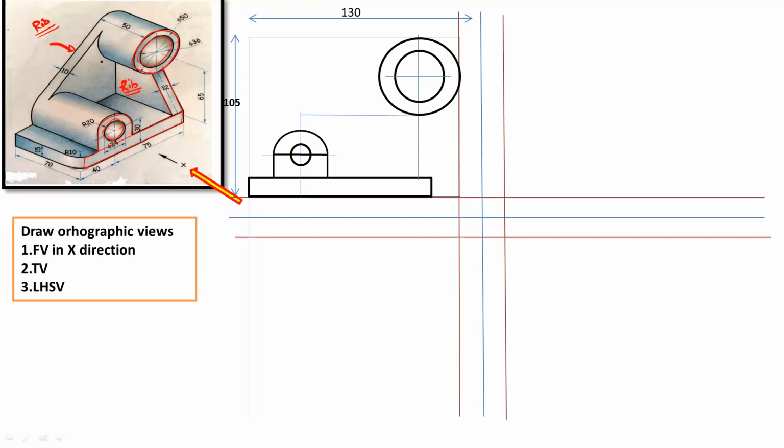So for this rib, in the front view, we will just observe this inclined line. This line will be tangent to this circle of 50 mm diameter and to this semicircle of radius 20. So draw one tangent line from this point up to this point.